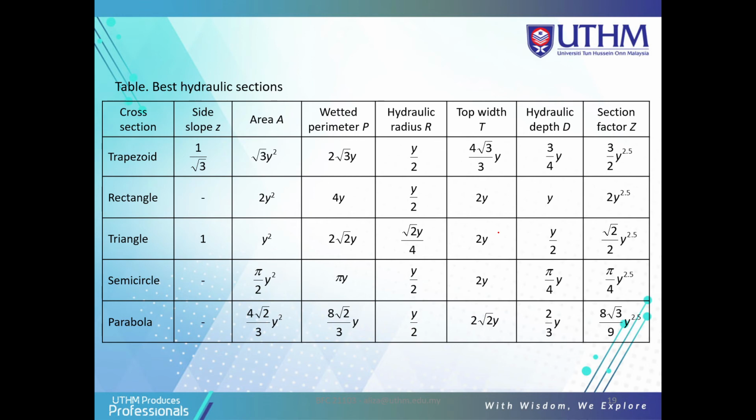For the best hydraulic section, you can use the equations in this table, the table of best hydraulic sections. You simply use the formula to get the area for trapezoidal, rectangular, semicircle, and so on.